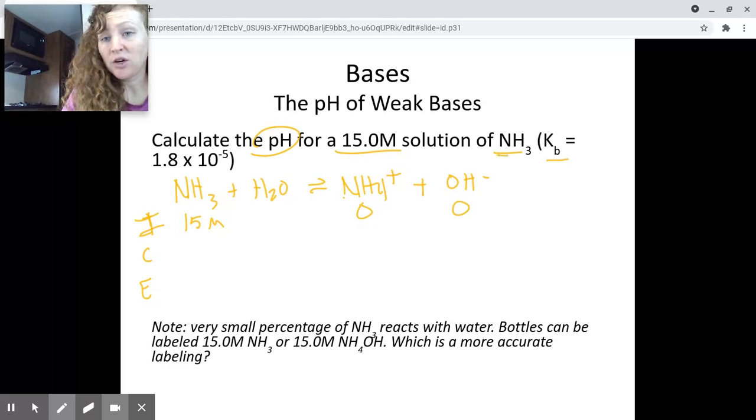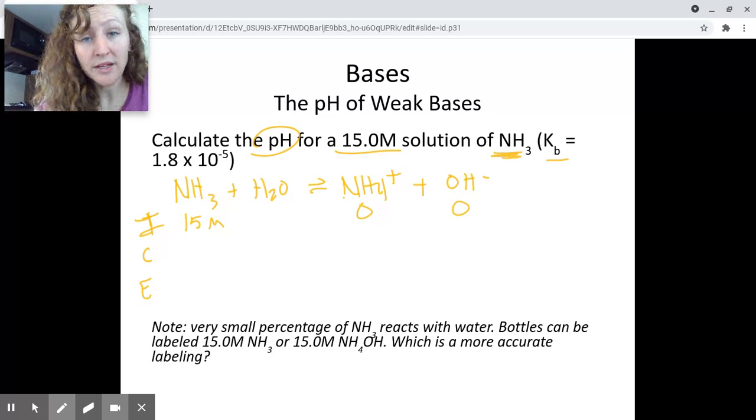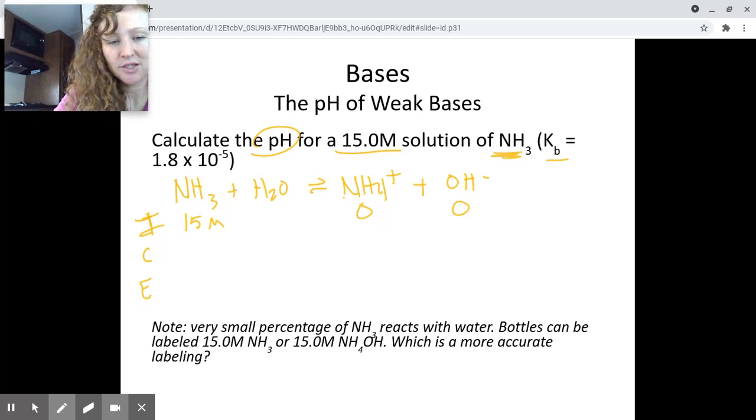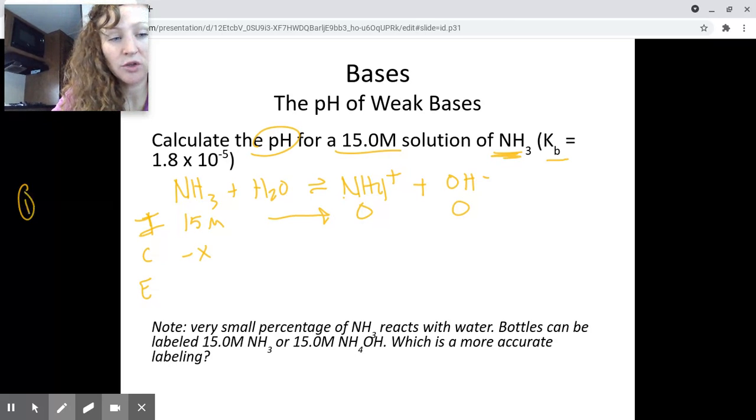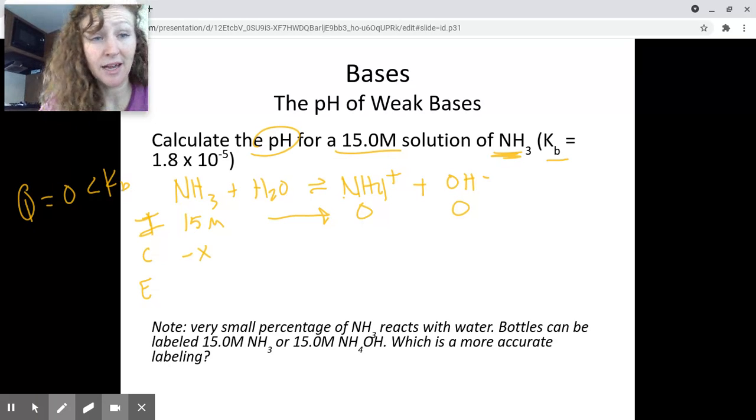Now, I know that ammonia is a weak base, and because it's a weak base, I don't know what the change is, so I have to use X. I do know, however, that it's going to go forward because I have no ions present, and so my Q automatically would be 0, which makes it smaller than my Kb, which means I must have a forward reaction.